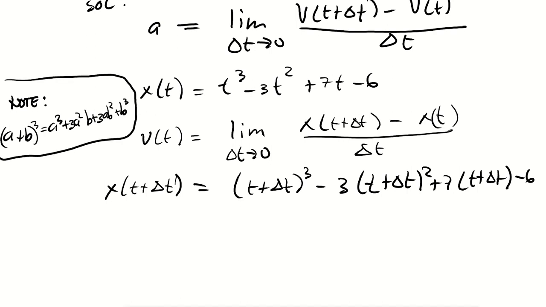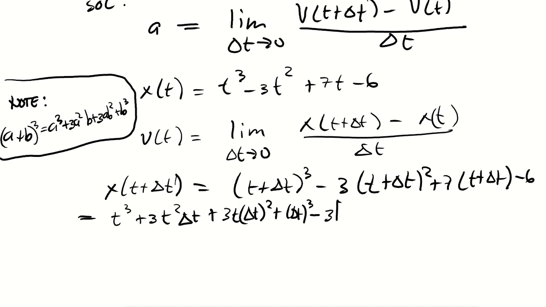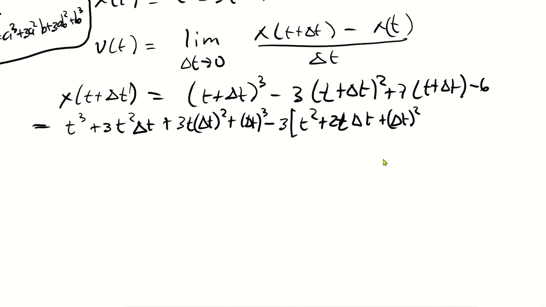So from your algebra, that is (a plus b) cubed. So this will be t cubed plus 3t squared delta t plus 3t times delta t squared plus delta t cubed. Then minus 3 times (t squared plus 2t delta t plus delta t squared), then plus 7t plus 7 delta t minus 6.